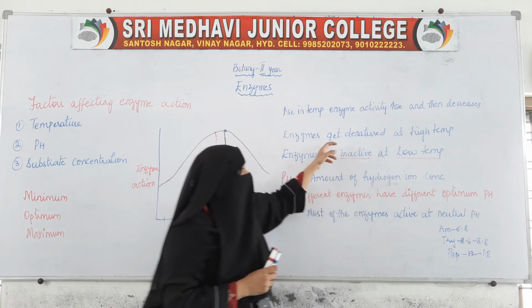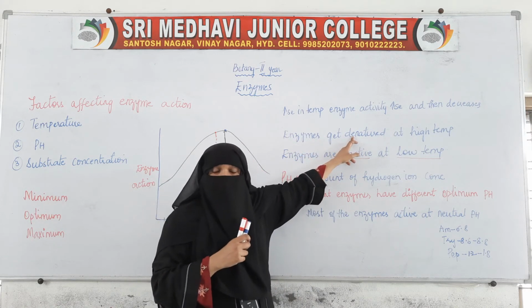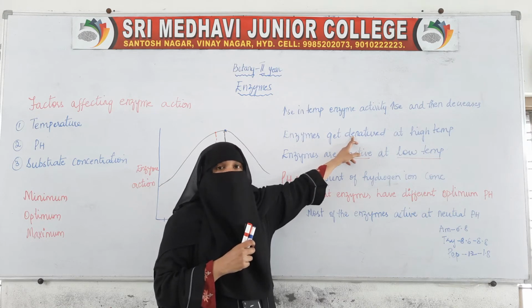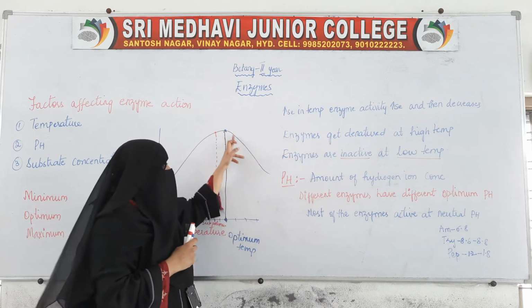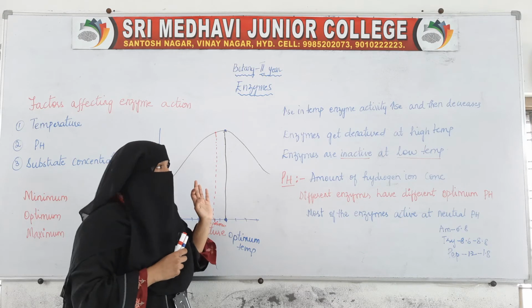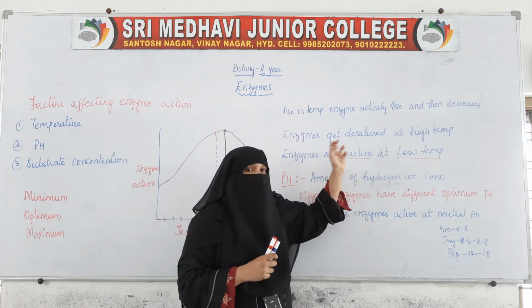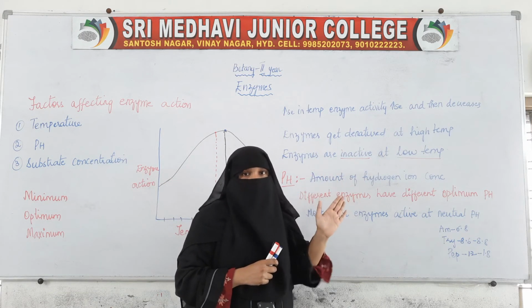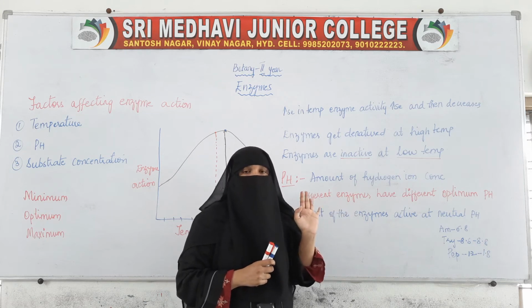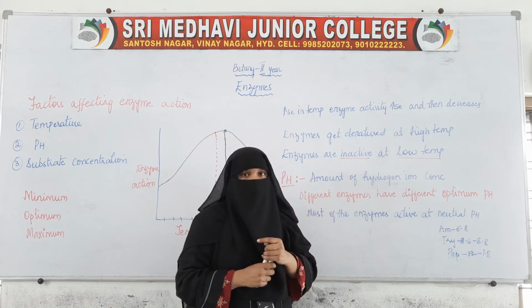So that is why at high temperatures enzymes get denatured, because of which the enzymatic activity decreases, and at low temperatures the enzymes will become inactive. So that is why the enzymatic activity will be decreased.